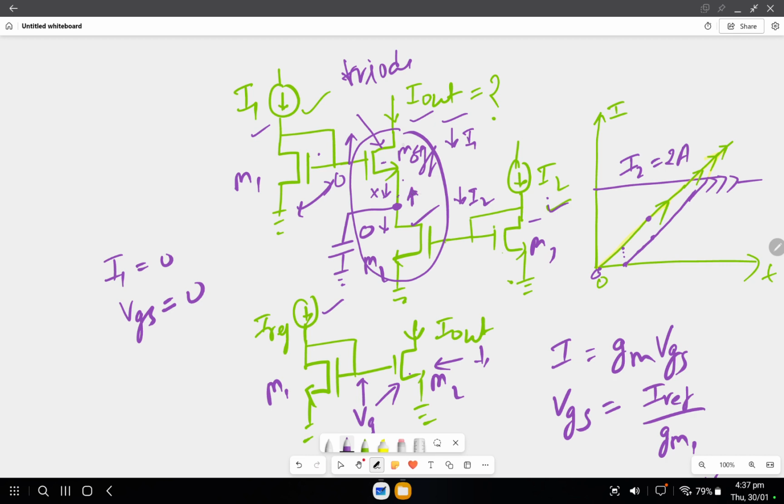So this will reach the triode region, and this VGS is also increasing, but VDS is decreasing for this MOS, because your source is increasing. So VDS will decrease, but VG is also increasing. So this will reach the triode region after some time, and this I out will be equal to I2 only.